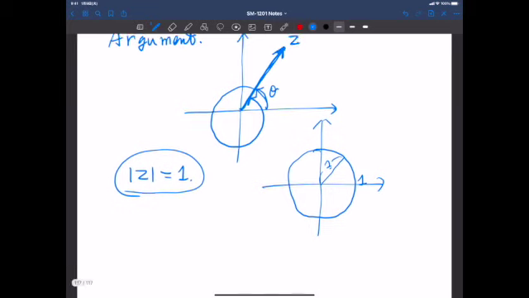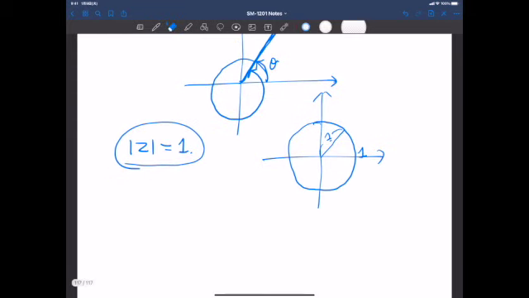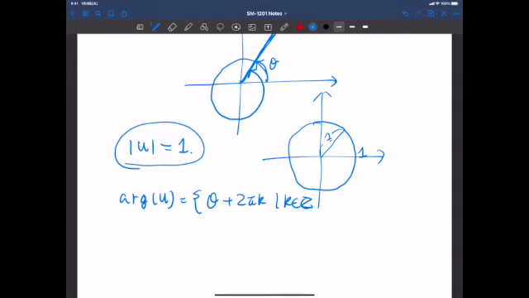Okay, so maybe I should write u instead of z. So this is a unit circle, and the argument of this u is defined to be the set of angles theta plus 2 pi k, where k is an integer. So this theta is this angle. u is here. So this is the argument.